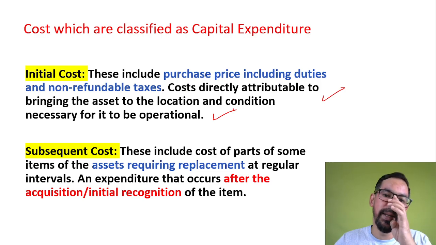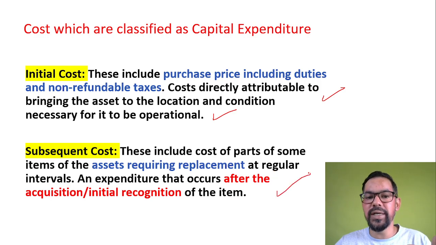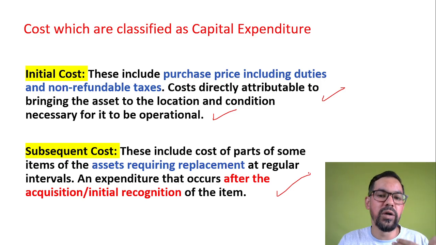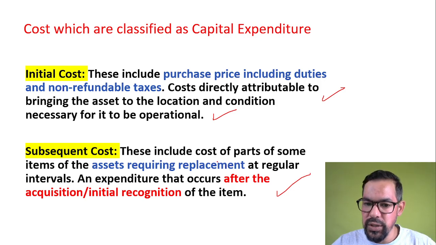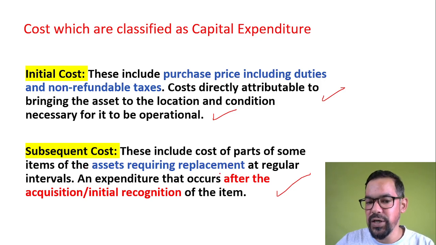All these are part of your initial cost. But subsequent costs are, for example, after 1 year, for maintenance you change some motor or other equipment in that machinery. That is part of your subsequent cost. These include the cost of parts, some items of the asset requiring replacement, as I gave you the example of a motor and others.